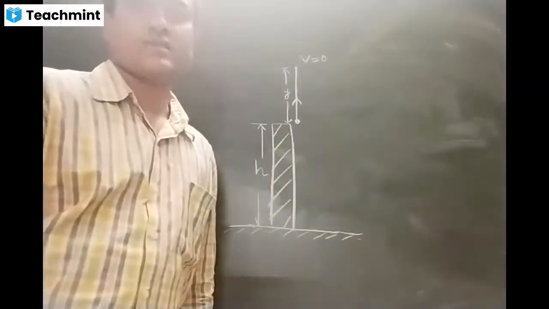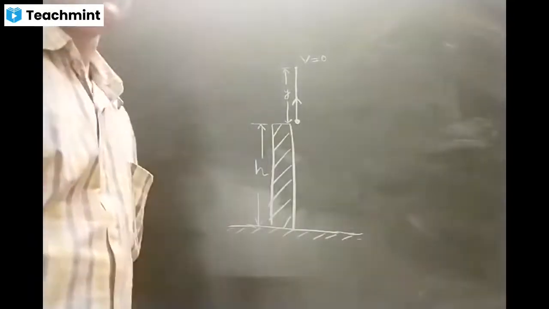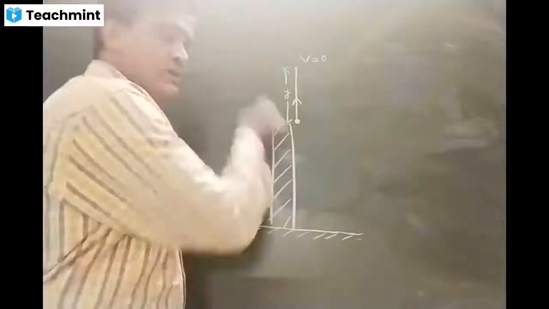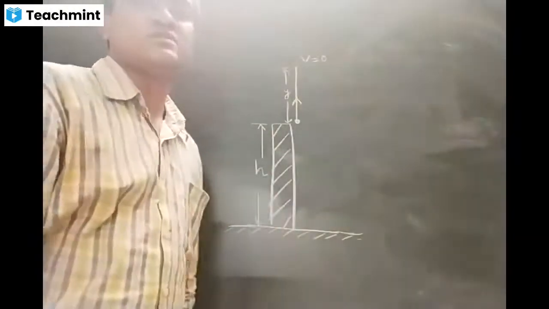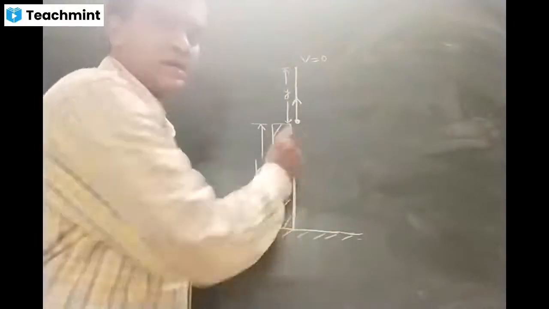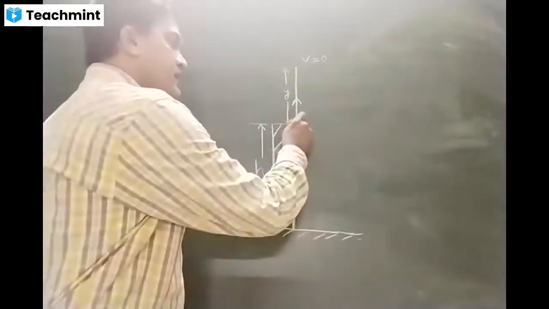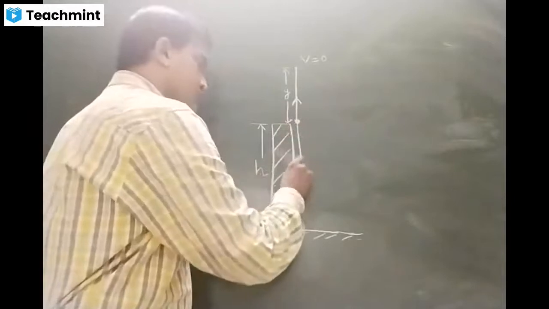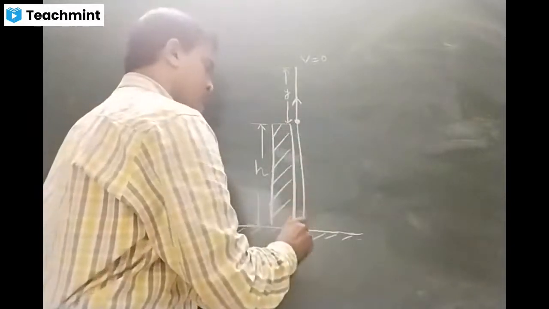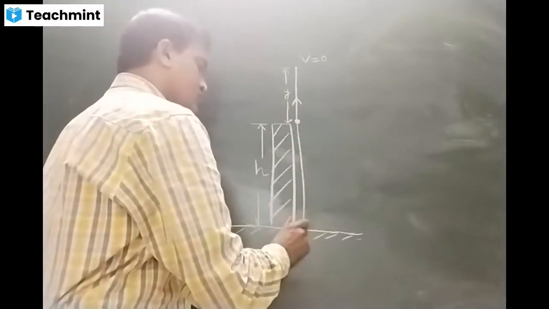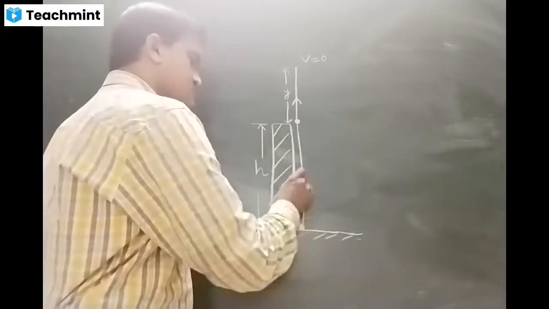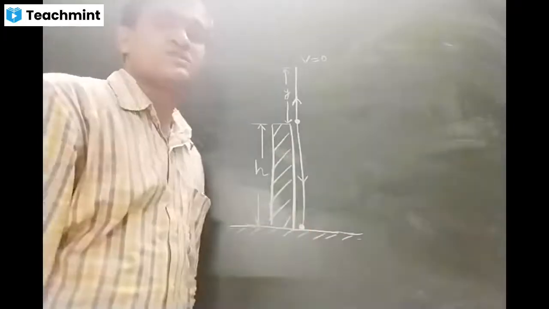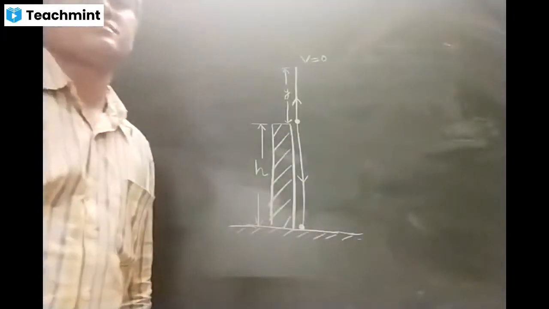It will fall down due to acceleration due to gravity. Of course, when it is going upwards also acceleration due to gravity is there. Now when it is coming down, it falls to the foot of the tower, because I am considering a straight line motion.